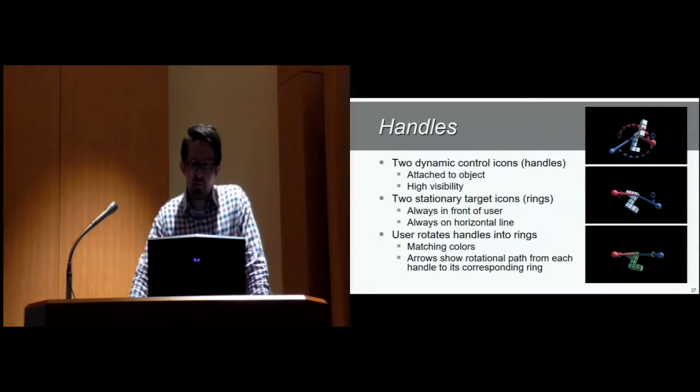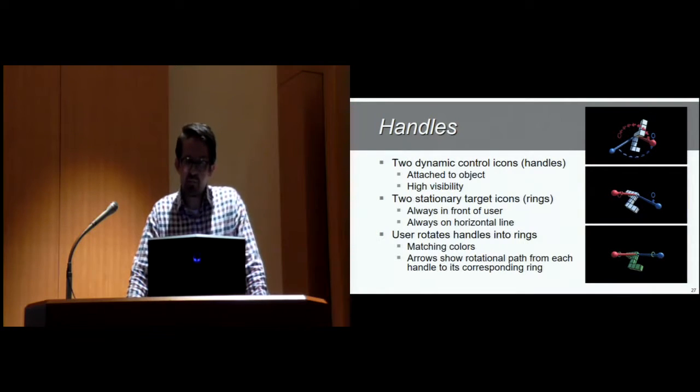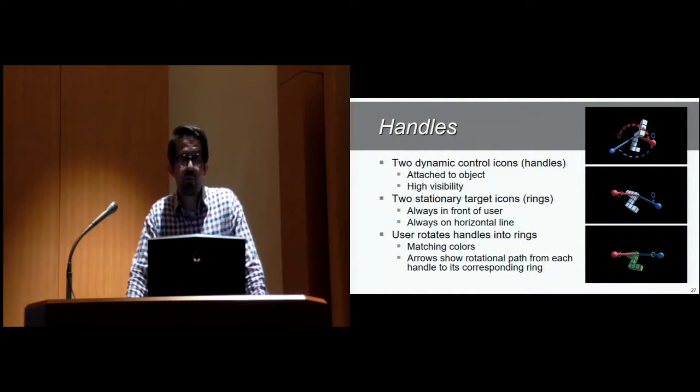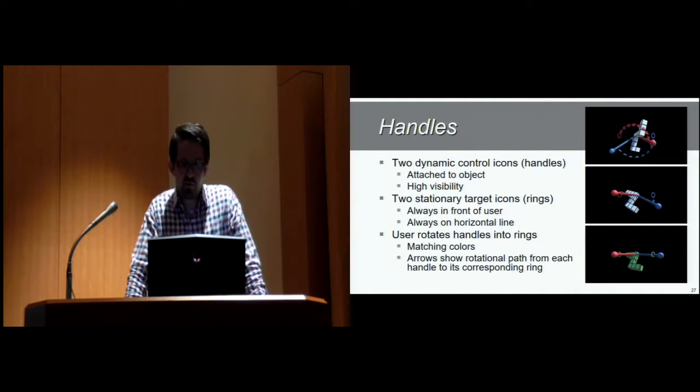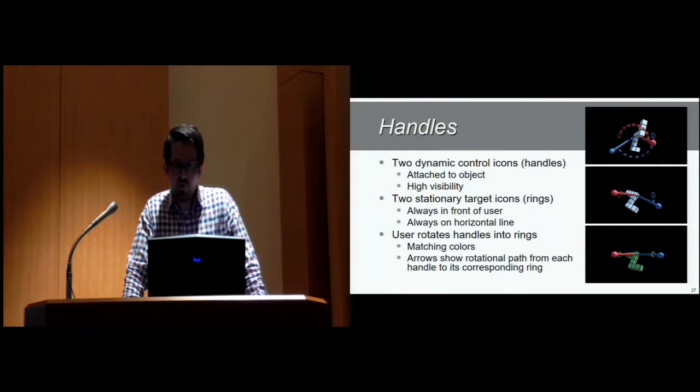Here's what the final version of handles looks like. We replaced the control points with handles, which make it easier to understand that those points are rigidly attached to the object and can be moved by rotating the object. We replaced the target points with small rings.